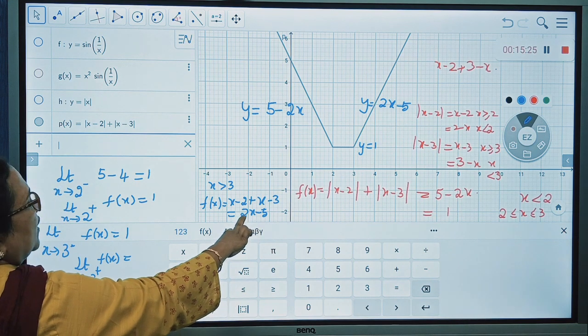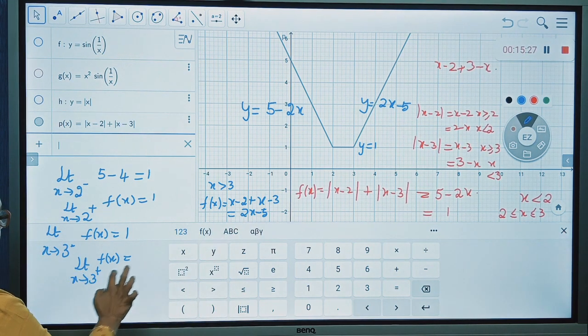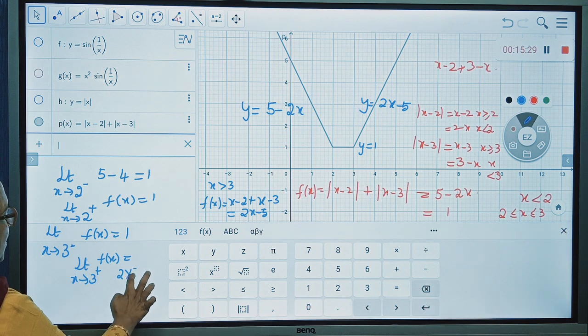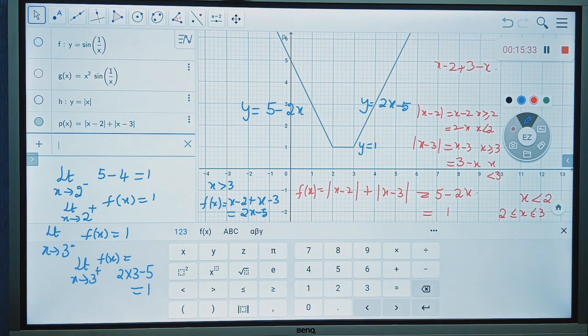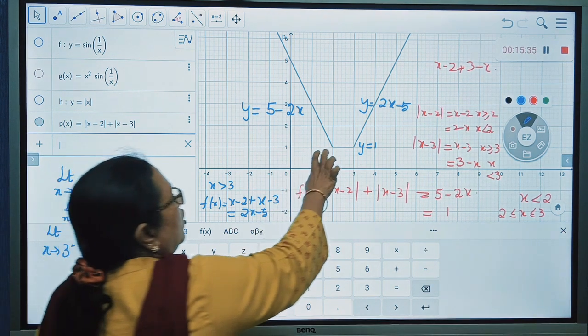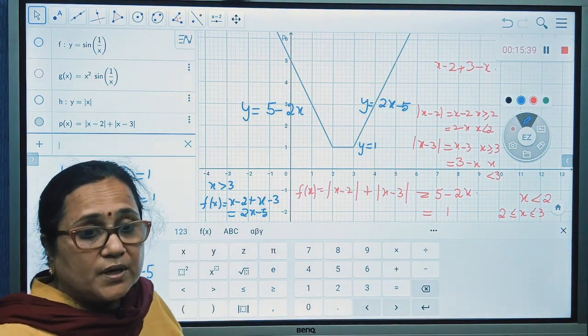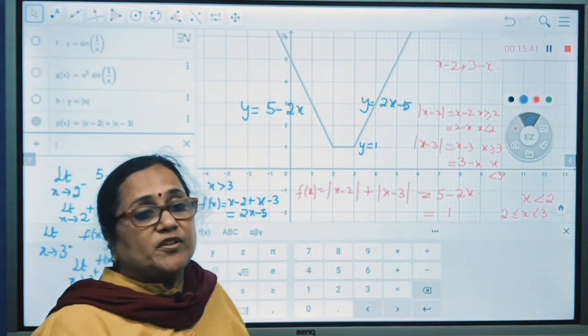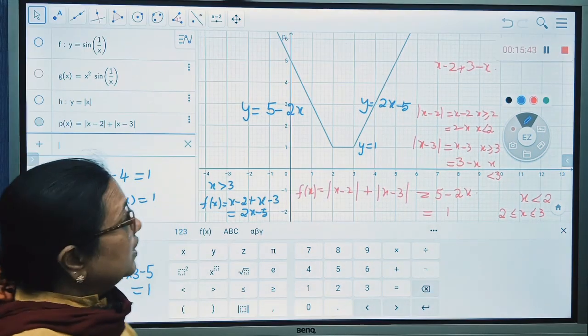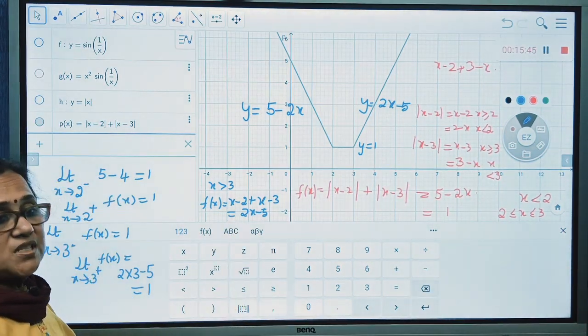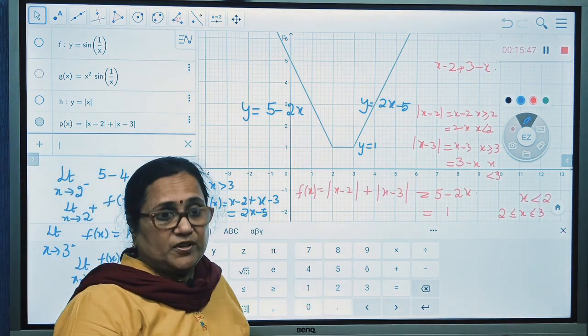So in the place of x, I should put 2 into 3 minus 5, which is also 1. So you can see at both 2 and 3, the left hand limit is equal to the right hand limit and is also equal to the value of the function at the indicated point. Algebraically, we have discussed this in great detail in the previous video.